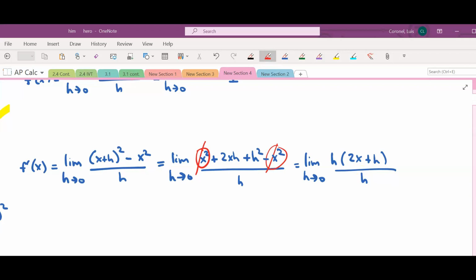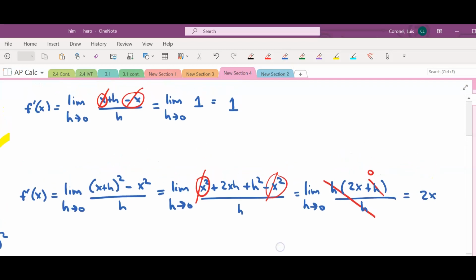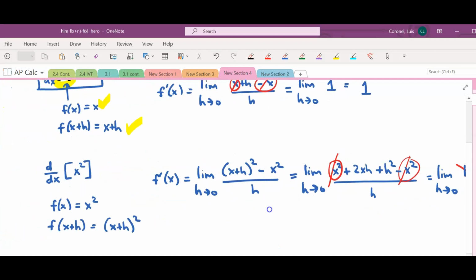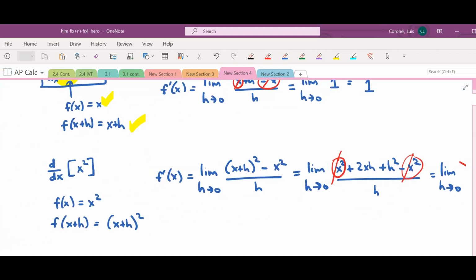Here you could cancel out the h's and do plug and chug. h approaches 0, so this guy goes to 0, and you're left with 2x. So now we know what the derivative of x squared is. The derivative is 2x.